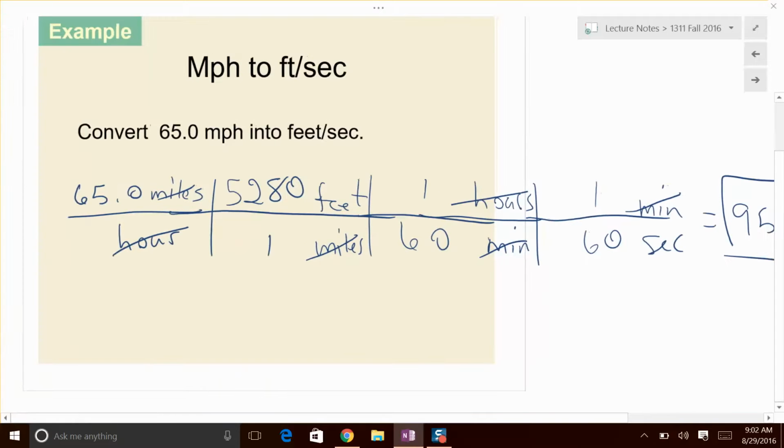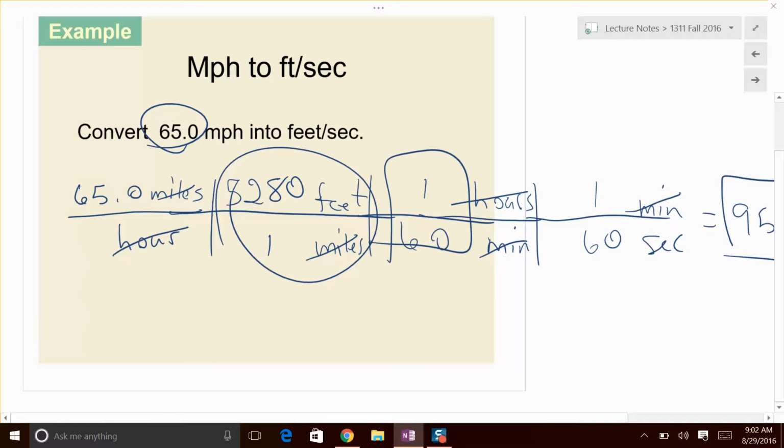I started with 3 significant figures, and I'm multiplying by conversion factors and exact numbers. This feet per mile might have some uncertainty, but that would still give me the 65.0. But these others are a result of counting, essentially. There's exactly 60 minutes in an hour, so we'll consider those unlimited significant digits.